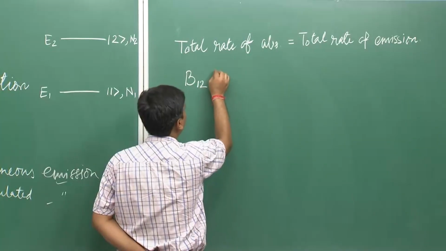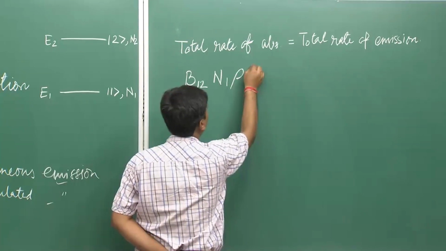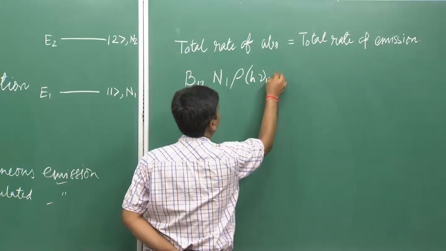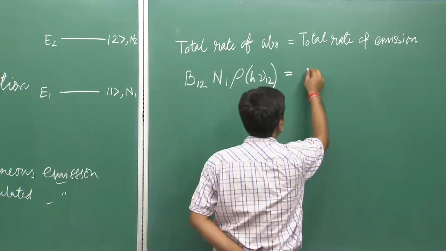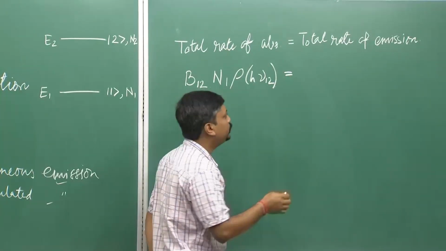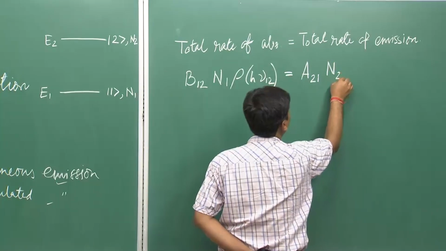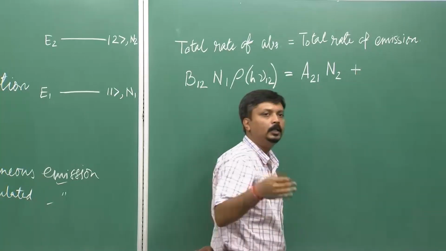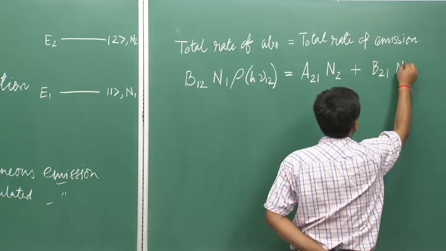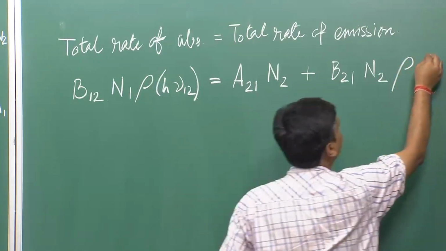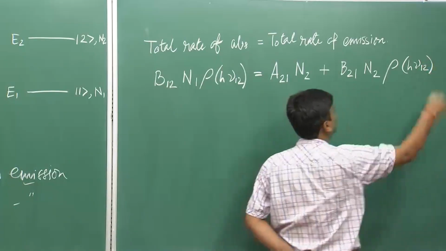The absorption was given by B12 multiplied by N1 multiplied by rho h nu 12. We equated it to the rate of spontaneous emission, A21 multiplied by N2, plus the rate of stimulated emission, given by B21 N2 into the photon density at frequency nu 12.